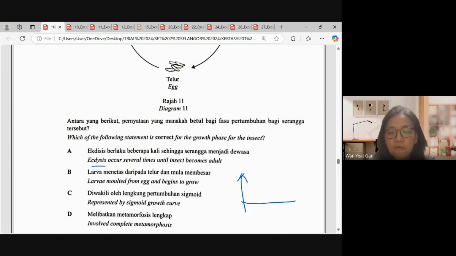So their growth curve is like a series of staircase where ecdysis will begin. When ecdysis begins here, there will be a sudden growth that causes the length of the insect to increase. Ecdysis causes the insect to grow to become an adult because they need to shed off their old exoskeleton and replace it with a new exoskeleton in order to grow.